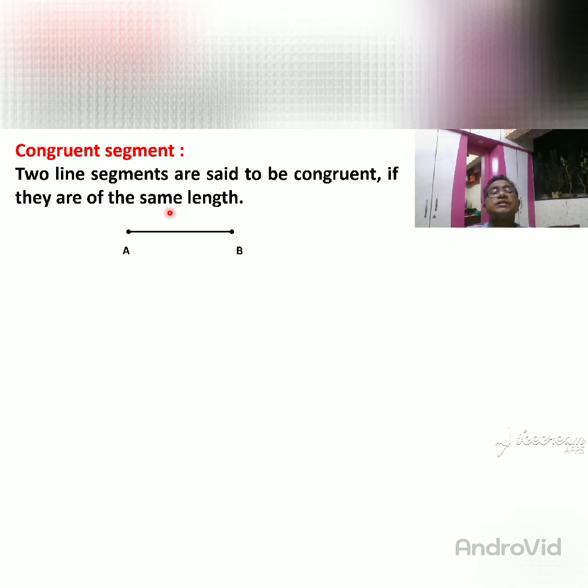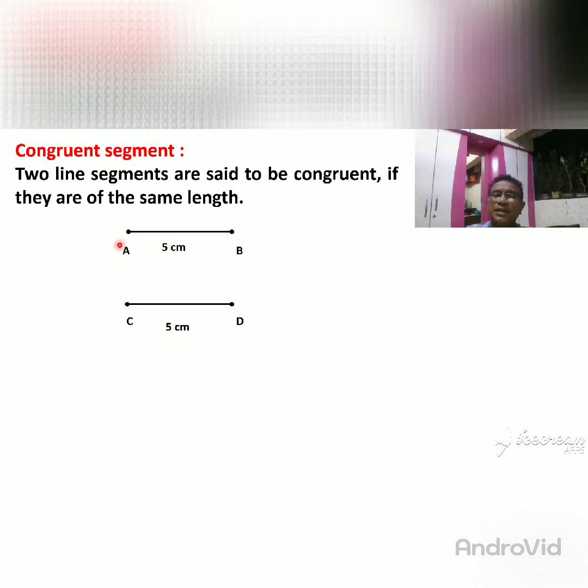See, this is segment AB. Then we can write the length of segment AB, that is 5 centimeters. Then we can see another segment here. This segment is drawn and we can give it a name. So this is segment CD. The length of CD is also 5 centimeters.